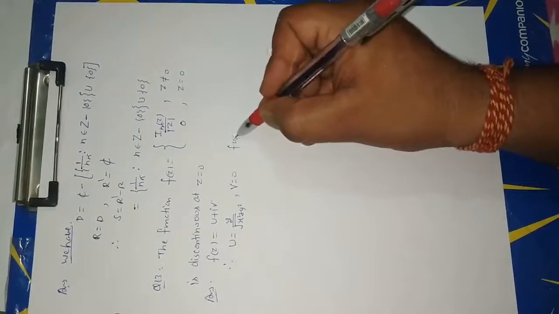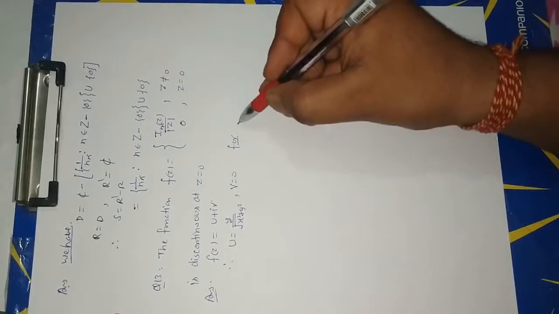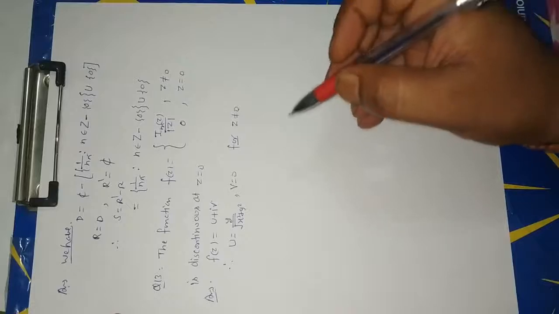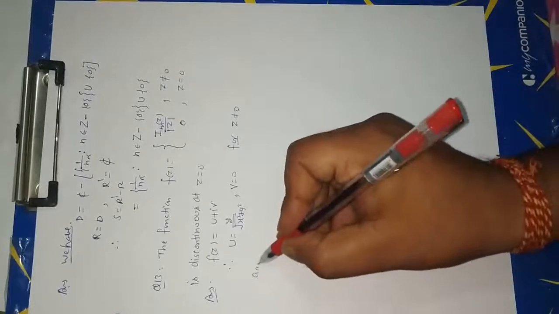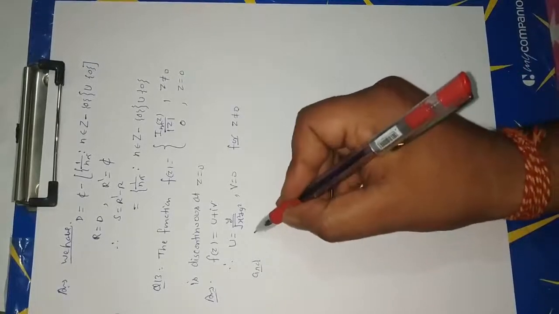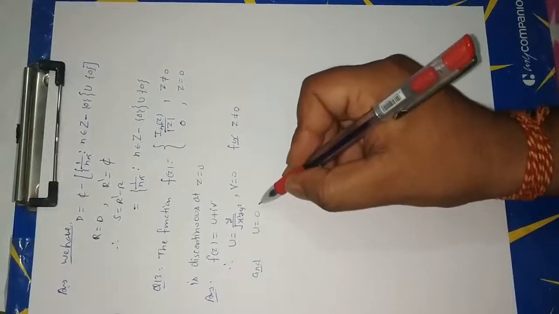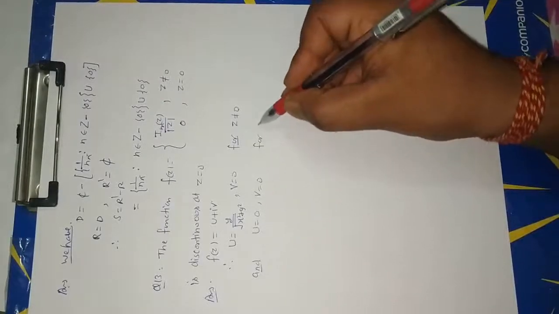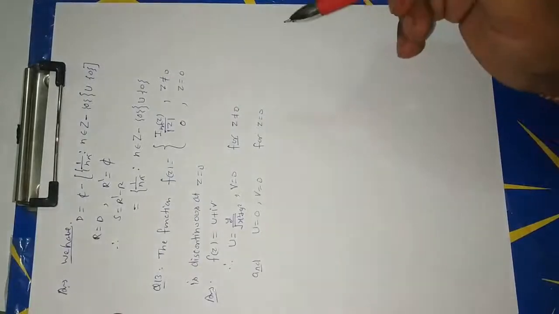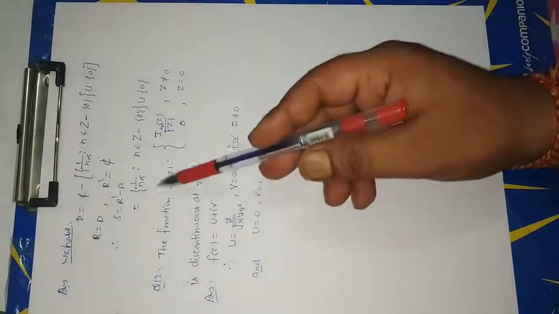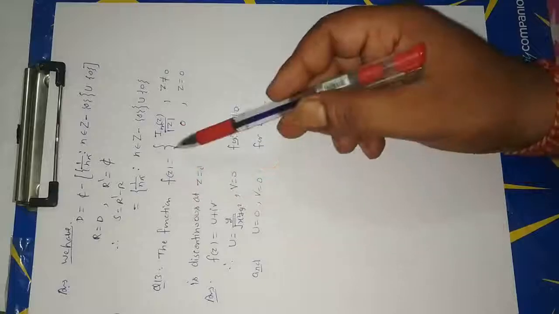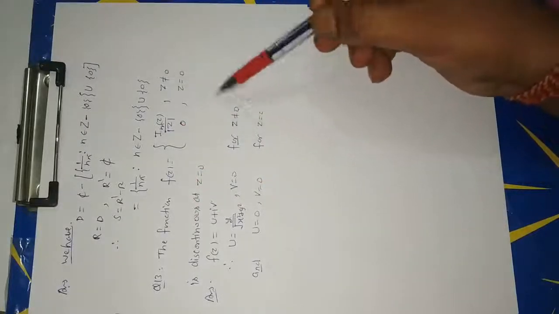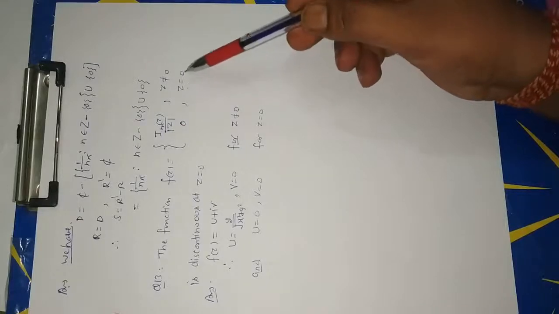This is the value in case of z not equal to 0, and u will be 0, v will be 0 in case of z equal to 0. This is the real form of the given f z, in both cases, z not equal to 0 or z equal to 0.